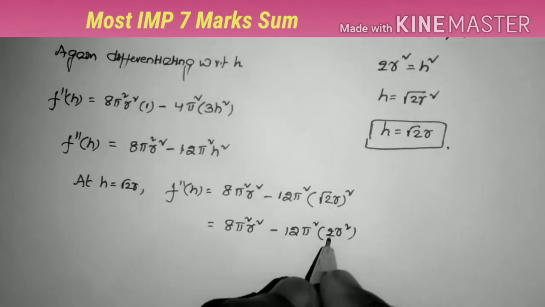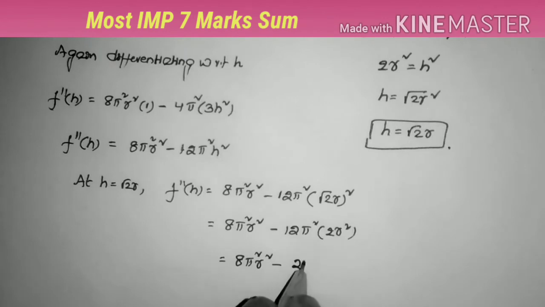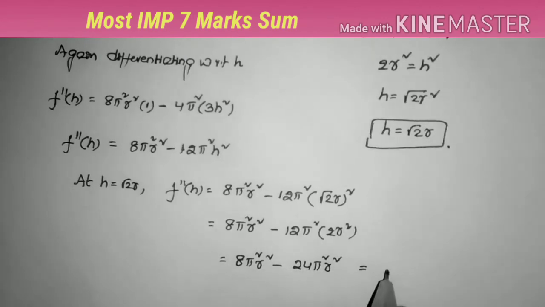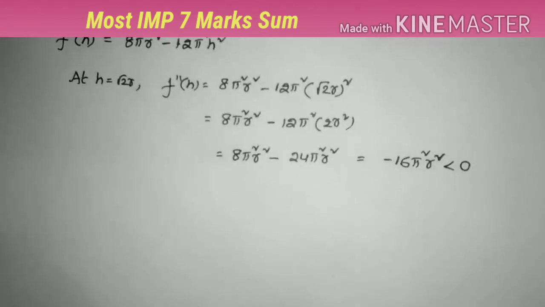Root 2 whole square is equal to 2 and this is r square. So this is equal to 8 pi square r square minus 24 pi square r square. 8 minus 24 is equal to minus 16. Minus 16 pi square r square. This is less than 0. Minus value means this is less than 0.